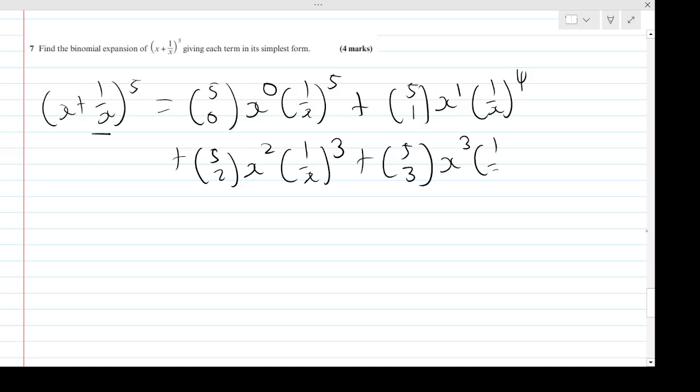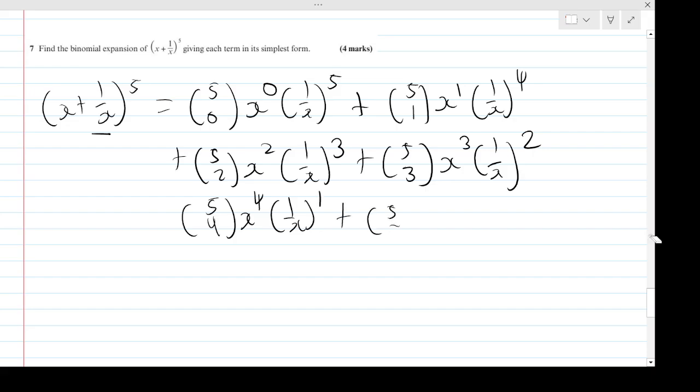Then the other part, 1 over x, would have a corresponding power of 2 to obviously get 5. Then the next term is 5 choose 4, then there'd be x to the 4, and then 1 over x would be power 1. Then the final term is 5 choose 5, and then x to the 5, and then 1 over x would be a power of 0.